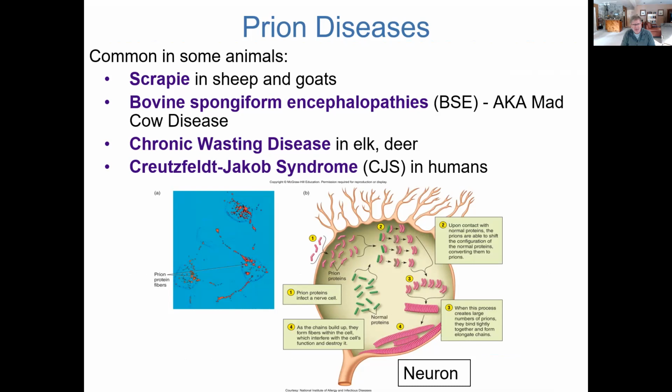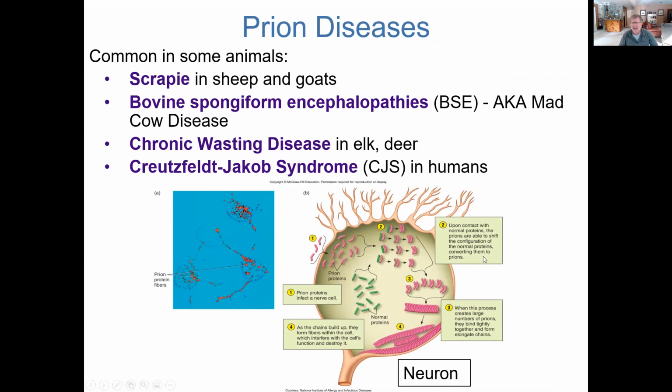But all of these spongiform encephalopathies, what they do is they get into the healthy neuron, which is a nerve cell. And so we'll depict these prions as these pink structures. They get into the neuron.